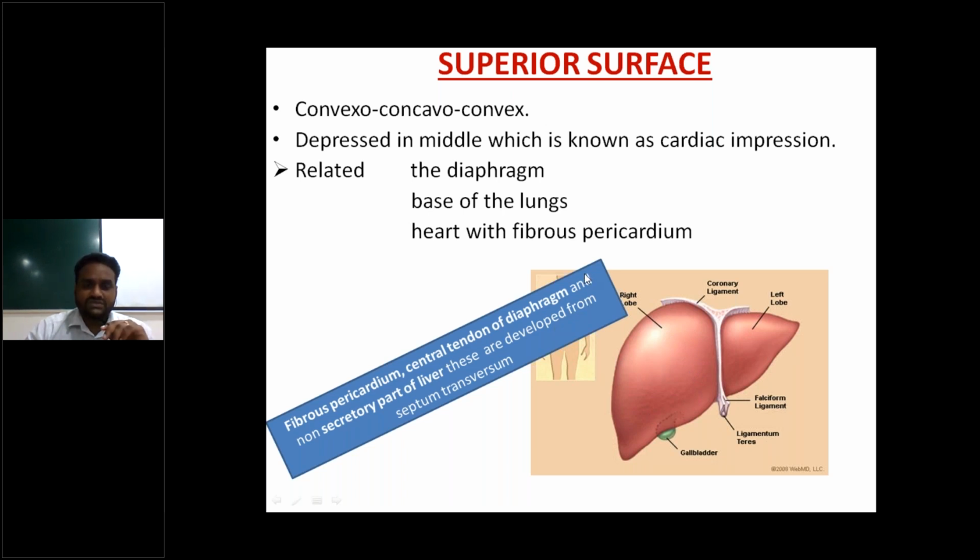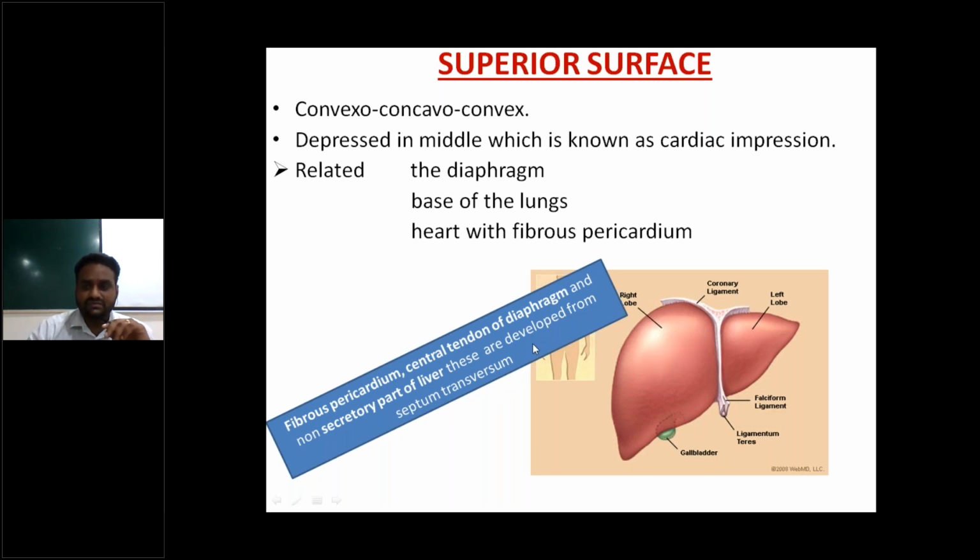The most important point regarding this surface is the fibrous pericardium, central tendon of diaphragm and the non-secretory part of liver. Non-secretory part means the connective tissue of liver. These are developed from the septum transversum.